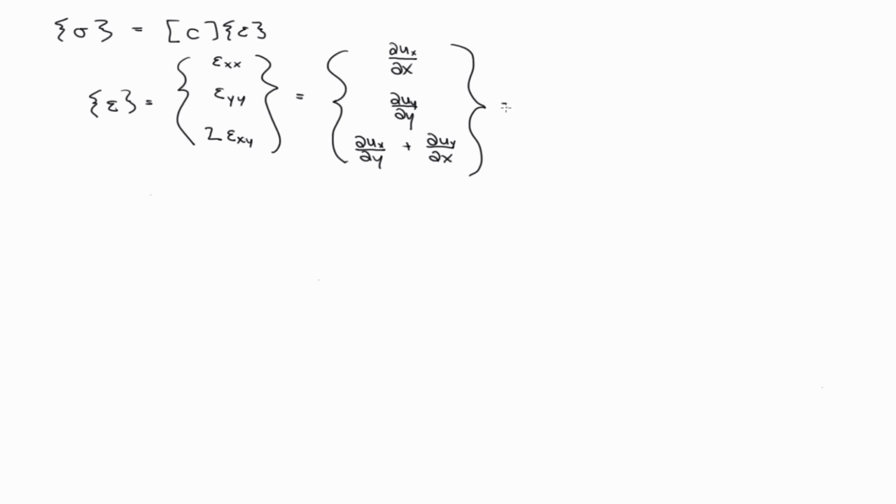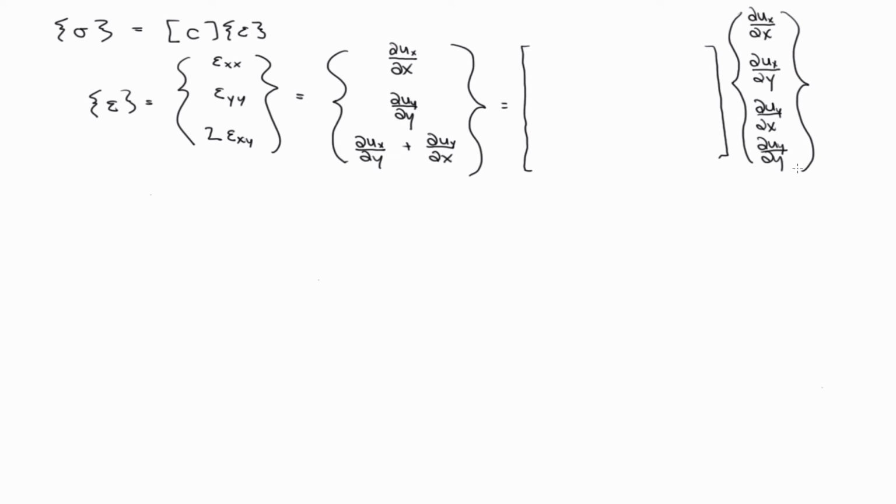And so we could write that in a more matrix notation as something times partial U X, partial X, partial U X, partial Y, partial U Y, partial X, partial U Y, partial Y. Right.